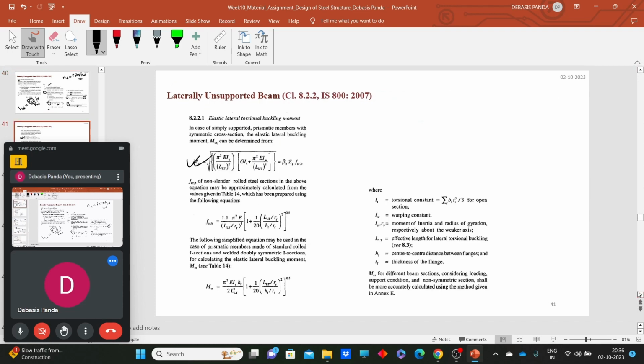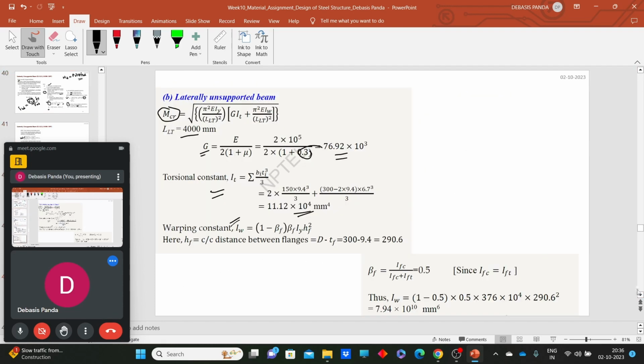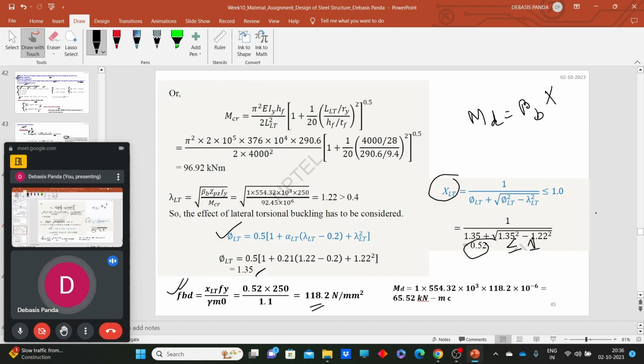Zp we have, and fbd value we have just calculated. Now put all these values. The value comes as 65.52 kilonewton meter. It's a moment, so kilonewton meter.